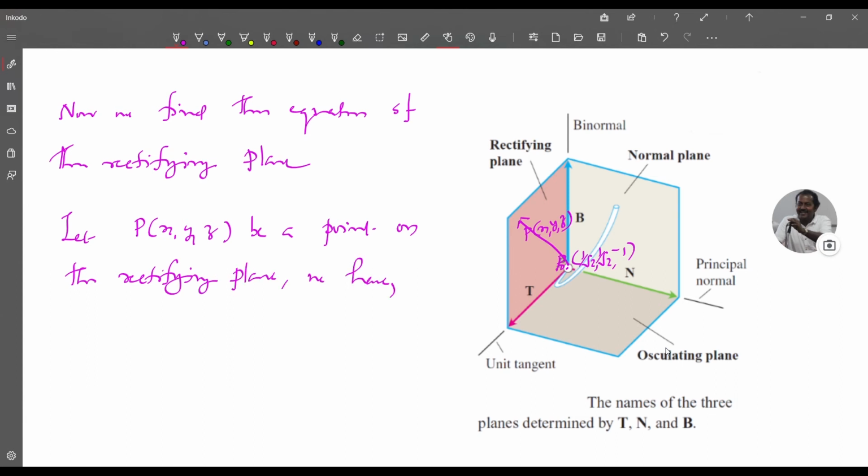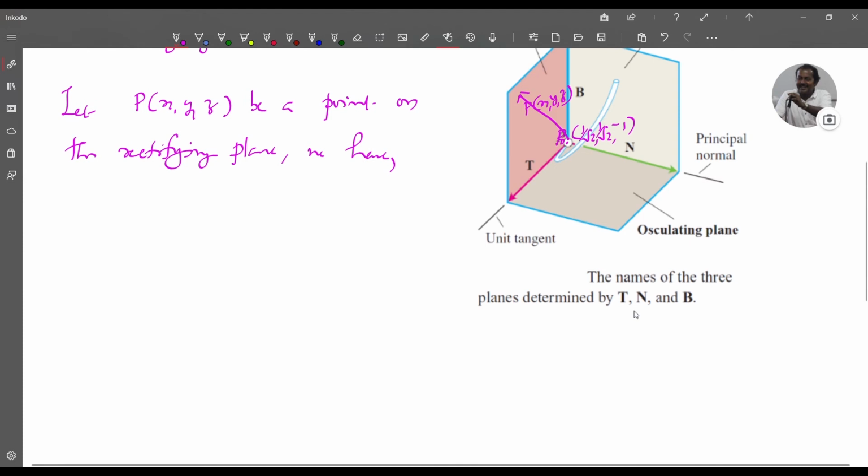We have P naught is 1 by root 2, 1 by root 2, minus 1, and it is a point on the plane. P naught is a point on the rectifying plane.